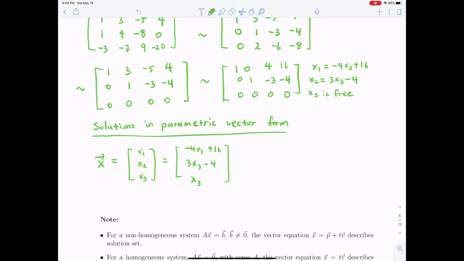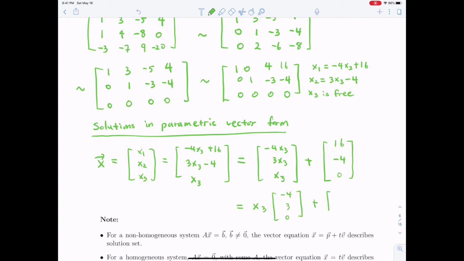So if you separate the answer into two parts, then we can write this as negative 4 x3, 3 x3, and x3, plus 16, negative 4, and 0. Or in other words, the solution equals x3 times negative 4, 3, 1, plus 16, negative 4, and 0.